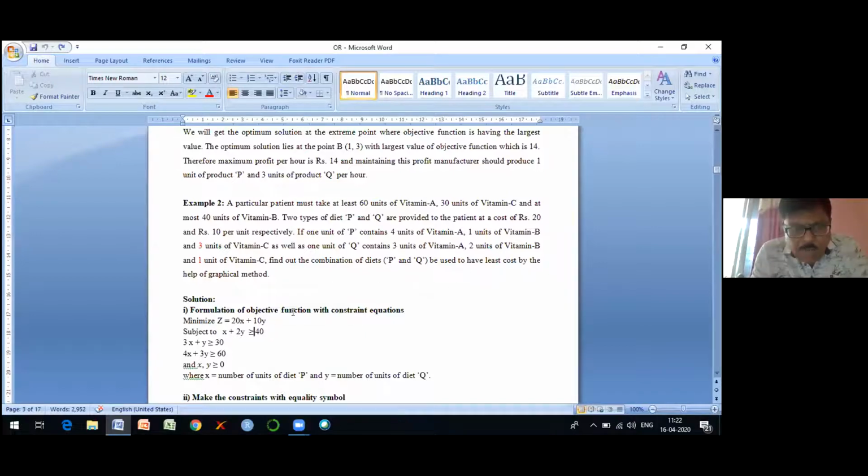Now we are coming to vitamin C. From product P, we are getting 3 units of vitamin C, and from product Q we are getting 1 unit of vitamin C. In that case, the constraint will be 3x plus y greater than equal to 30, because here it is written at least 30 units of vitamin C. So in case of vitamin A and vitamin C, the sign will be greater than equal to, but in case of vitamin B, it will be less than equal to, right?